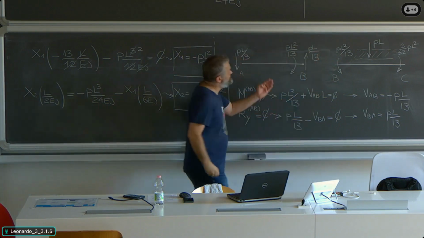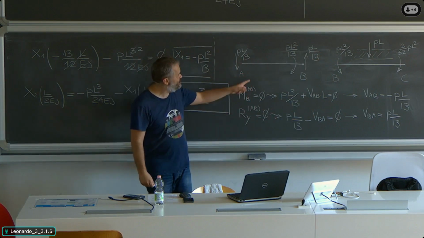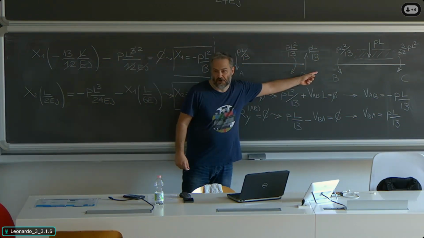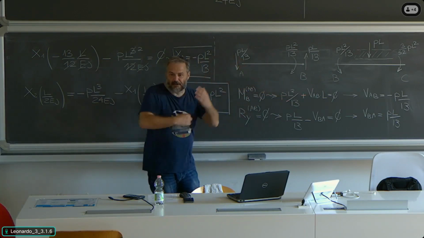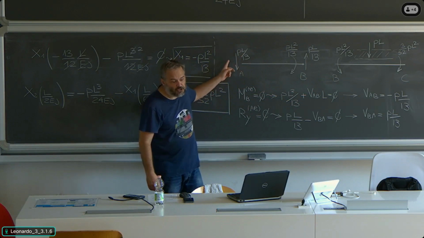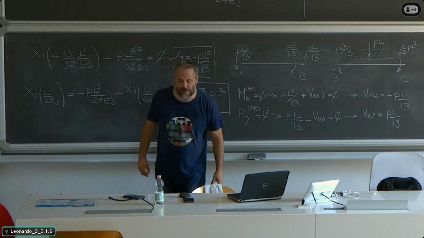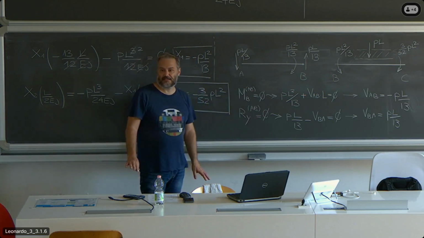And now you look at span AB, you realize that it's in equilibrium. Why? Because this force is opposite to this force, so vertical equilibrium is guaranteed. And the moment created by the two forces, which are PL over 13 in value and whose lever arm is L, is equilibrated by the bending moment applied. Okay? Got it?